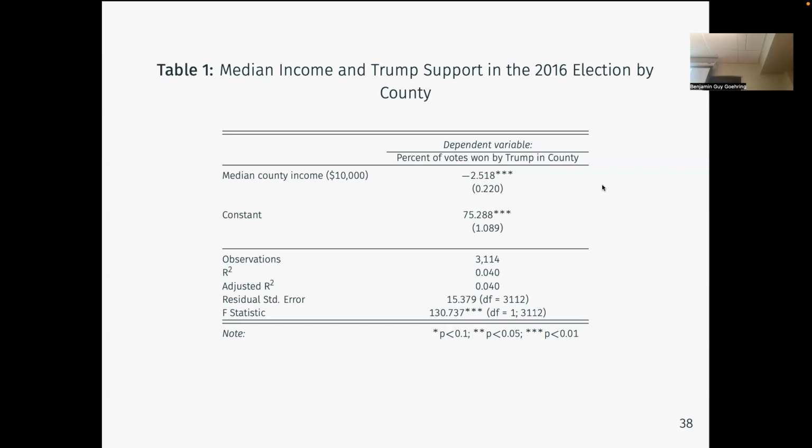The 3 stars are saying that the p-value is less than 0.01, which in words means that if the real relationship between median county income and support for Trump was 0, there was no relationship between a county's median income and the percent of votes won by Trump in a county, if that was actually the real case, we would see this value pop up by random chance less than 1% of the time. So we can be pretty confident in this.